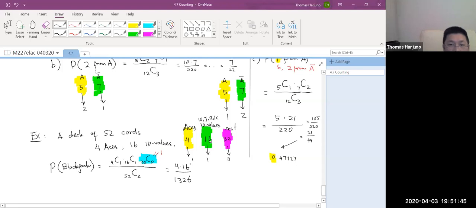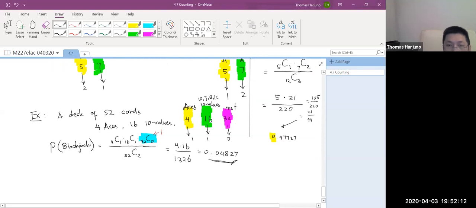That's 0.04827. You can check your notes from our class. You will see that this is the answer we also got when we computed the probability to get blackjack.